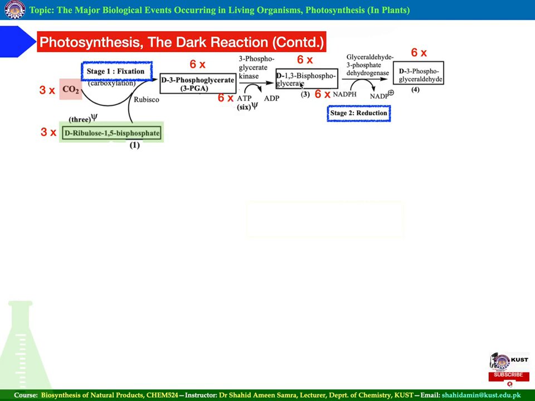Afterwards, this fixation leads towards reduction. This glycerate, that is a phosphate ester of carboxylic acid, will be converted to an aldehyde.